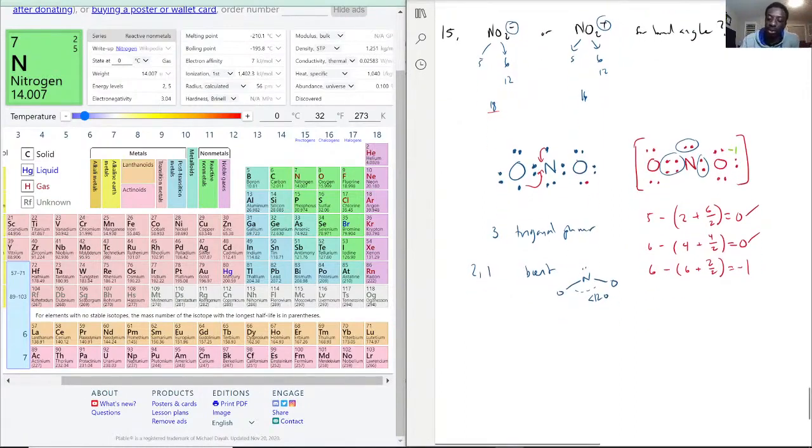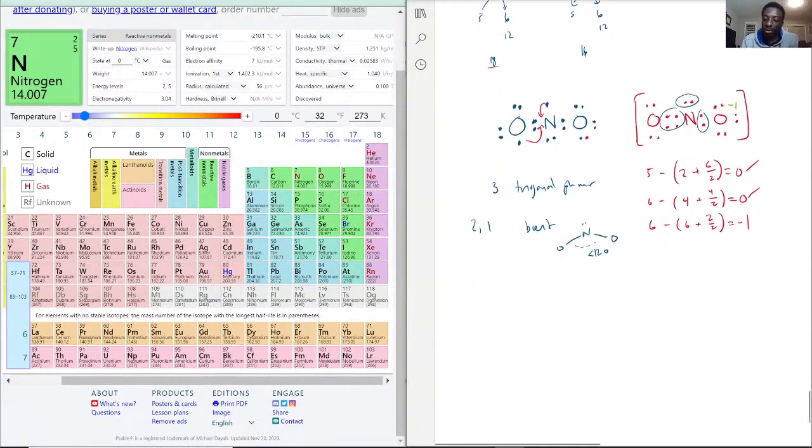Now, for NO2 plus, this one is going to be drawn very similarly to what we just did. We have the oxygens, and oxygen wants to have 5, 6, 3, 4. Yep, that's done there. And now nitrogen has 1, 2, 3. Now I'm actually going to take out 1 electron, and I'm going to choose this one here, because if you notice, now we actually have 16 if you counted it.